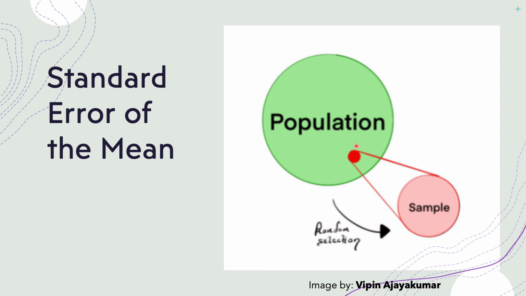We just don't do that. It's not feasible. So we are going to take a small sample of this population, and this should be a random selection. We look at this sample, and the standard error of the mean describes how precise the mean of this sample reflects the true mean of this entire population.